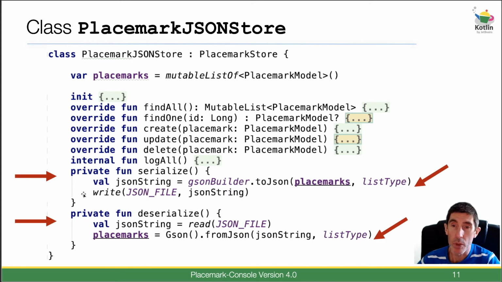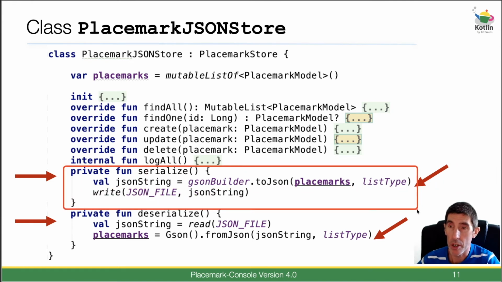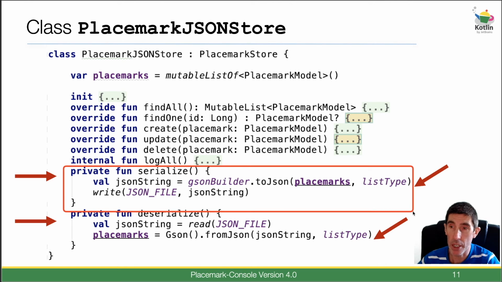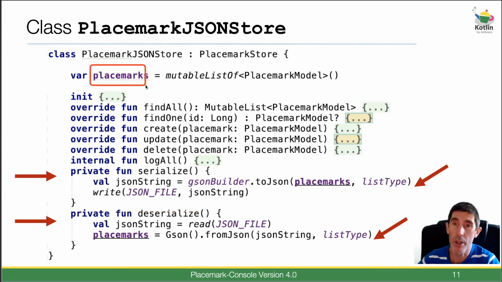So what we have here is just a couple of lines of code, quite concise. Inside our serialize function, which will write it out to disk, we are using, as you can see there, val jsonString assigned jsonBuilder dot toJson. It takes two parameters: the placemarks, which is our list up here and gets passed in down here, and, very important, a list type.